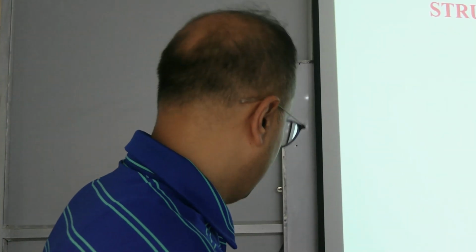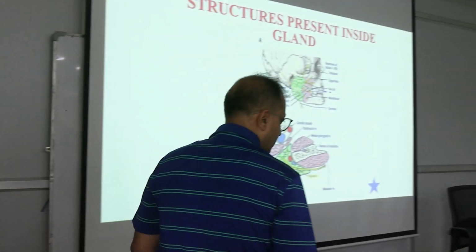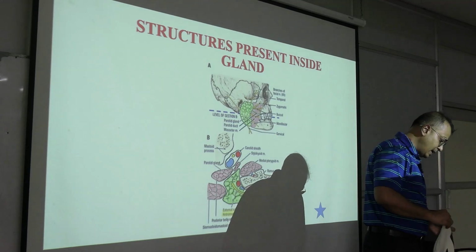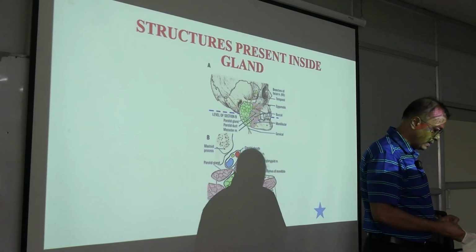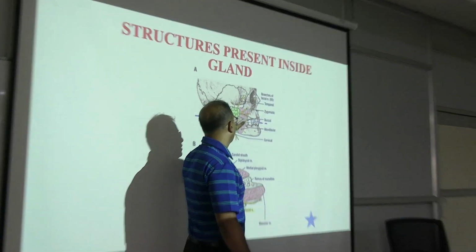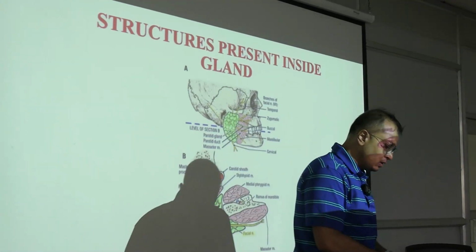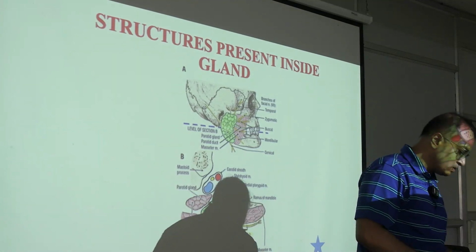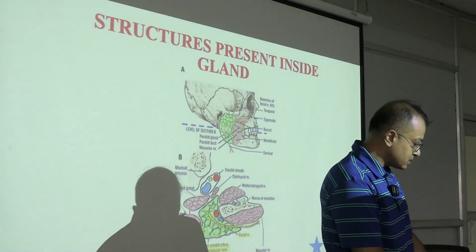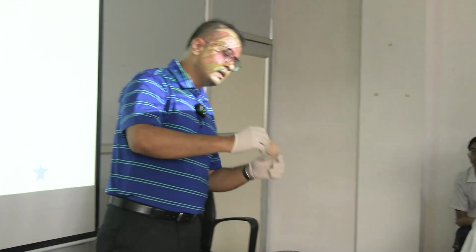Whenever you are seeing a parotid gland specimen, you have to identify it. The base is upside and the apex is downside. You also have to identify the external side and internal side. The external side is identified by the pinna, or the external acoustic meatus, also called the external auditory meatus, which is present on it.